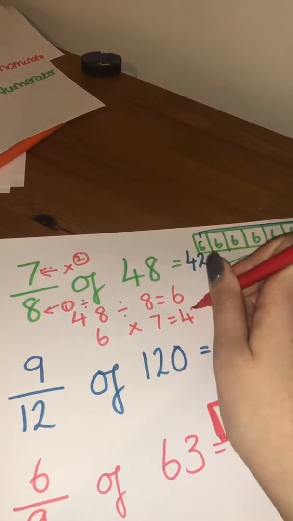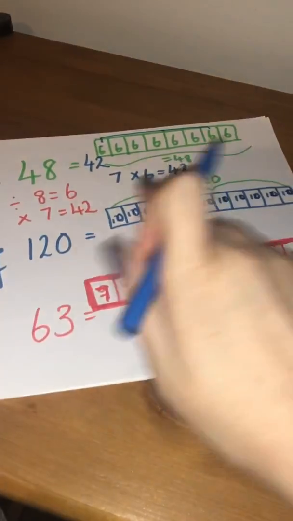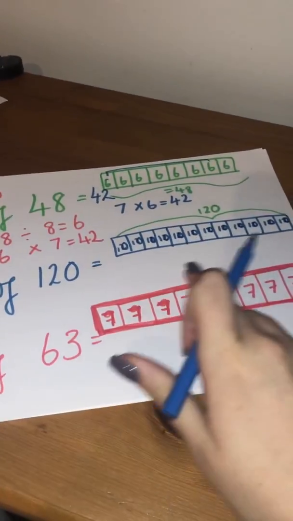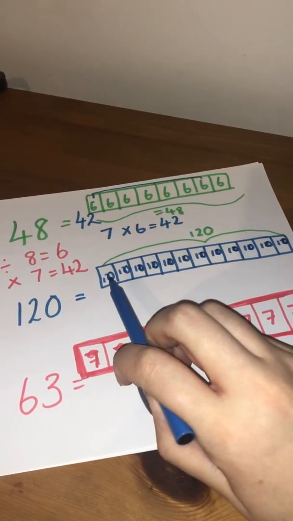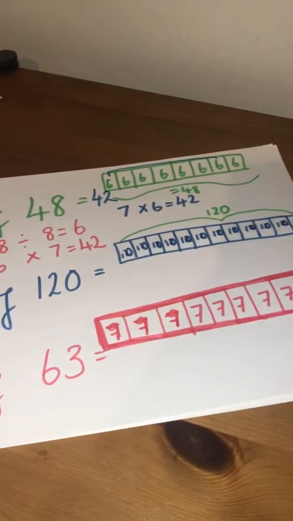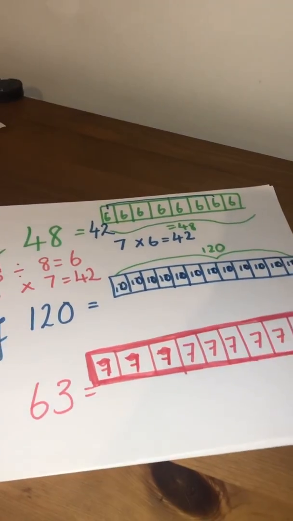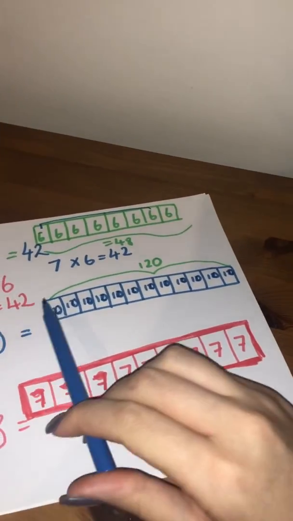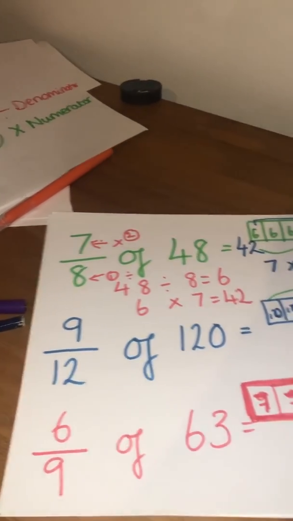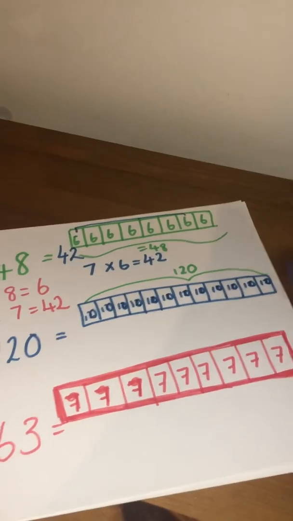Now some of you might have been looking when I was doing that top question at my grid for my blue question. I made a bit of a silly error. I accidentally put 12 into my grid. However, those of you that had noticed will realise that the total bar is 120. It's split into 12 pieces.